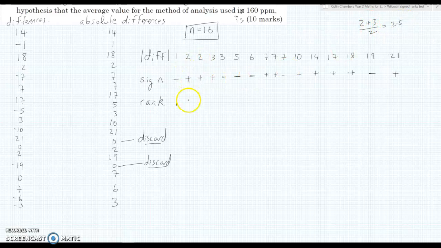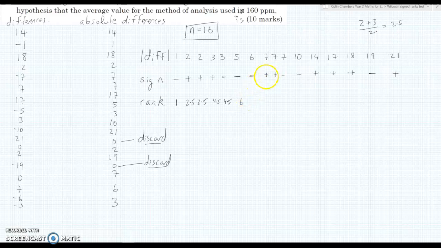So each of those gets a rank of 2.5. Then we've used up 1, 2 and 3, and the next ranks are 4 and 5 to be spread between the 3's. They end up with 4.5 each, because we're adding the 4 and the 5 and dividing by 2. So that's 1, 2, 3, 4, 5. The 5 there gets a rank of 6.